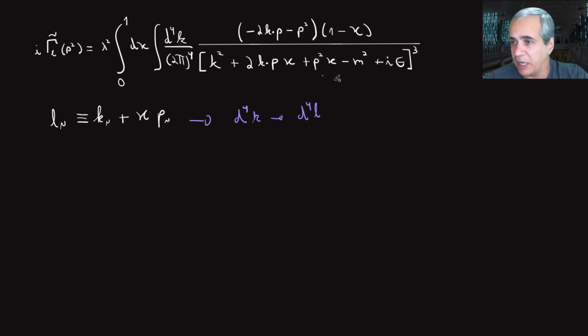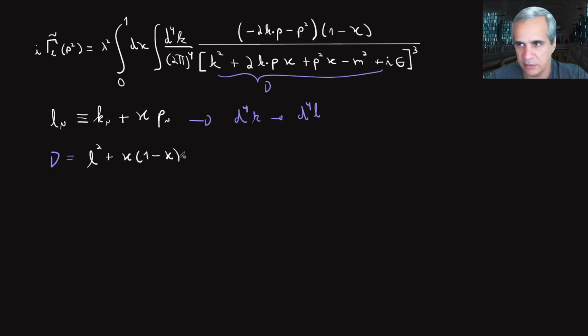And the denominator here, let me call it D, will become just L square plus x(1 minus x) p square minus m square plus i epsilon. This is just changing this guy.